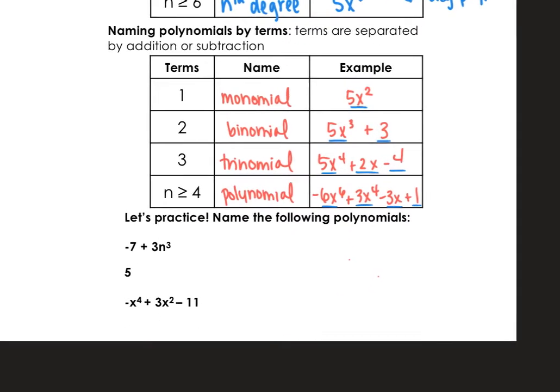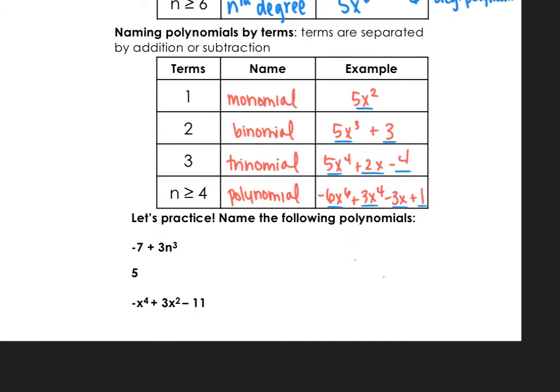All right, so let's practice naming some polynomials. We have negative 7 plus 3n cubed. The highest degree exponent is 3, which would make it cubic. And since there are 2 terms, it would be a cubic binomial. For the next one, there's no variable, no exponent, which would make it a constant term.